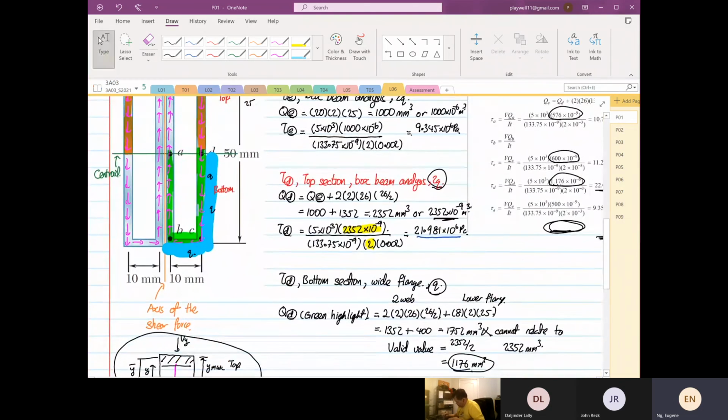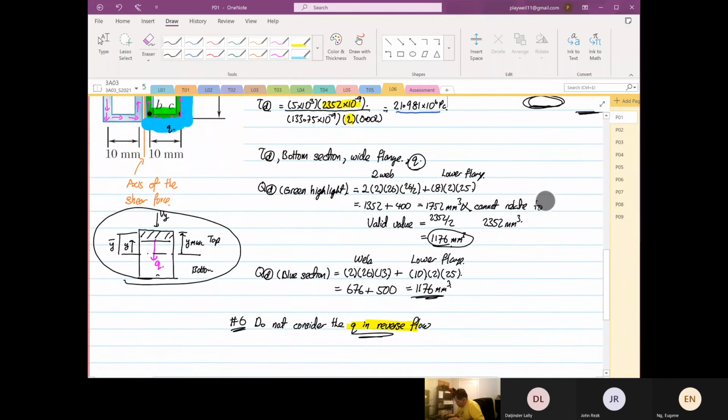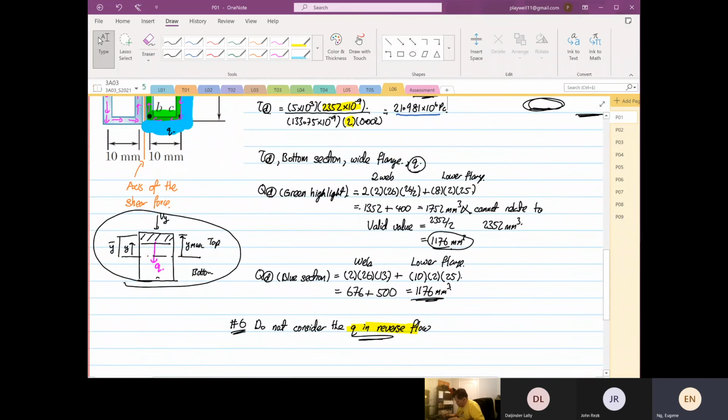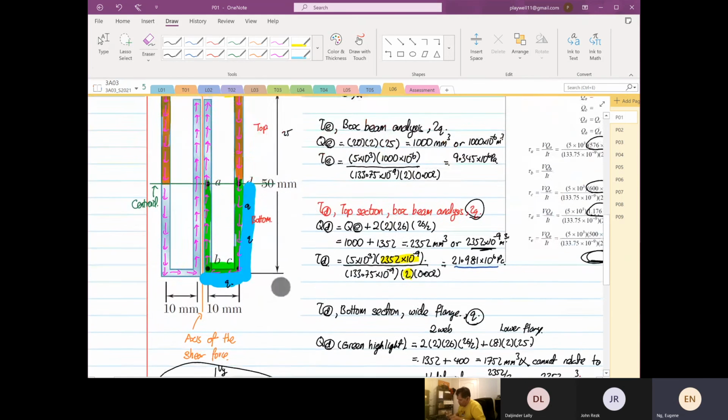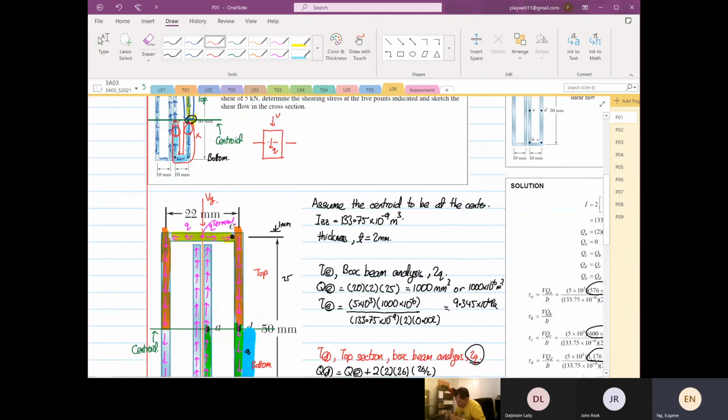I can't remember whether we considered the reverse flow. Yes, we did consider it. We considered twice the web, and then we got this first moment of area, which is wrong. It is not a valid first moment of area when we consider the reverse flow.